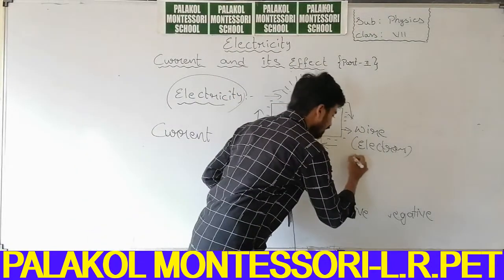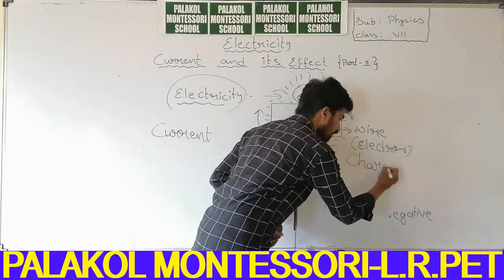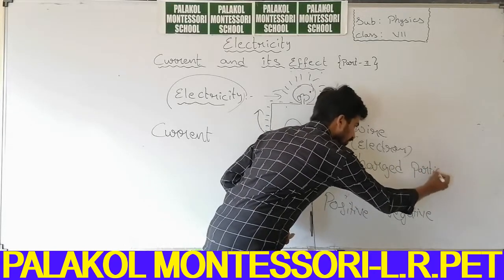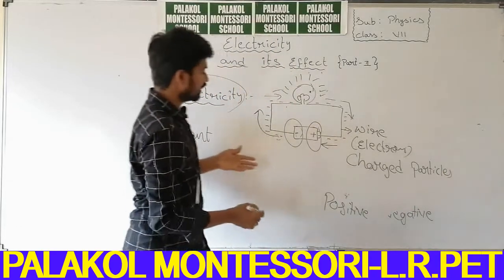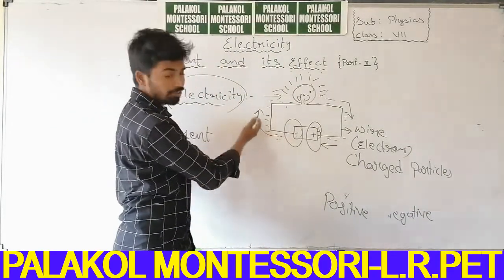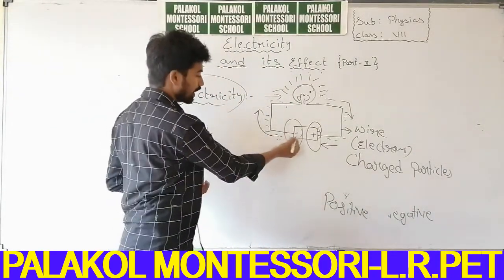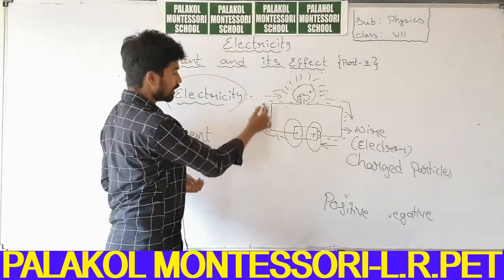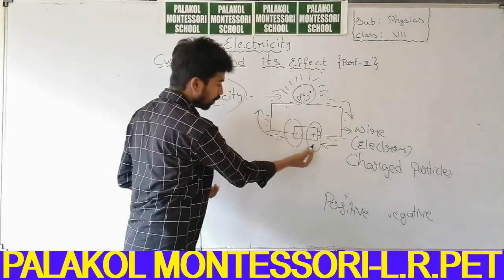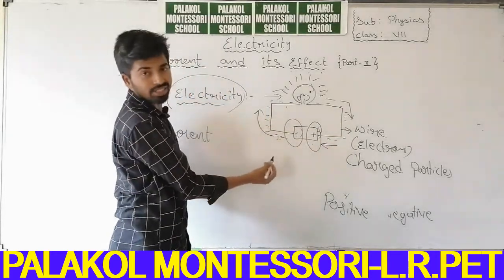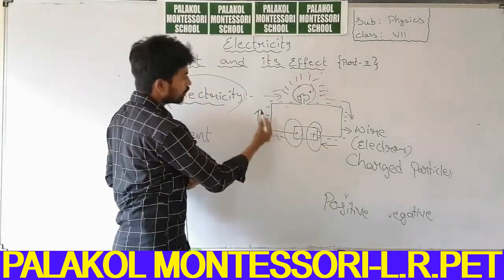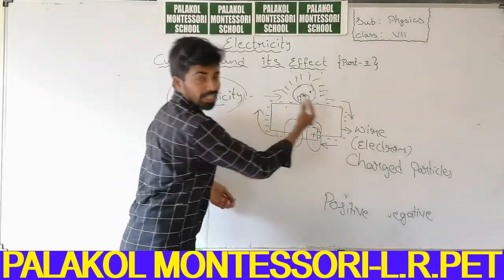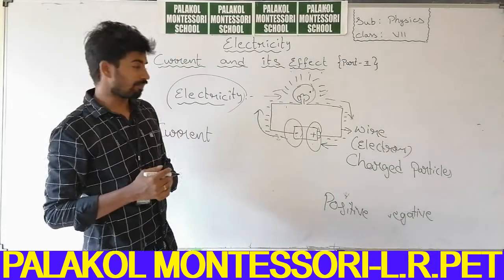Electrons are nothing but charged particles. The negative charge repels and makes the electrons move, and positive charges attract electrons. In this way, the electrons will move continuously.